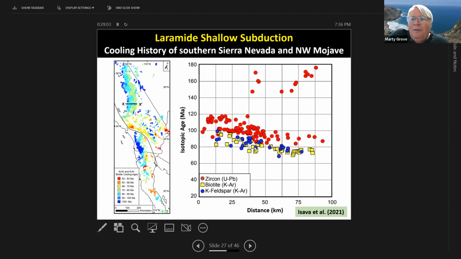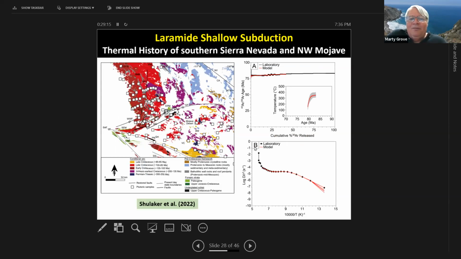What we're going to do is develop more information from the dating experiments so that we can calculate thermal histories. Here's an example. Our sampling is shown here on the left. There are on the order of approximately 115 samples in this database.